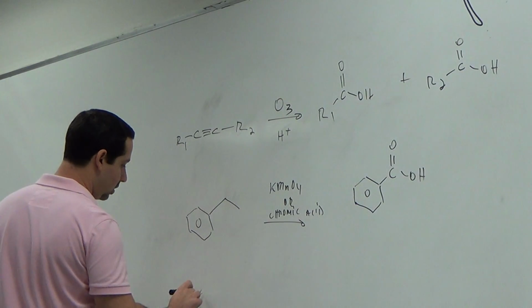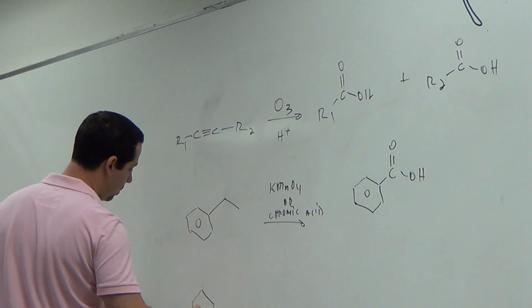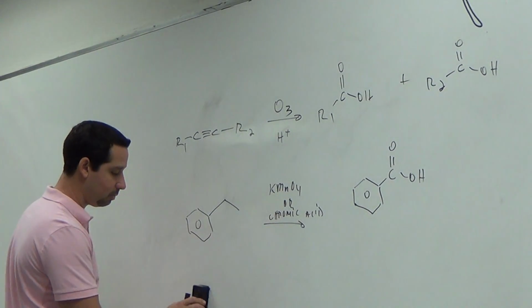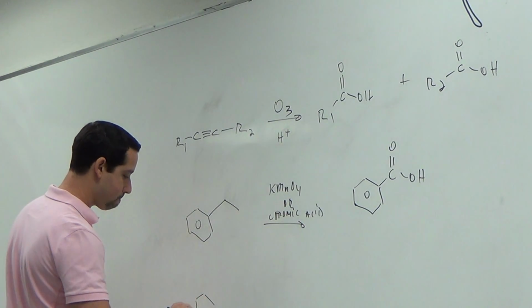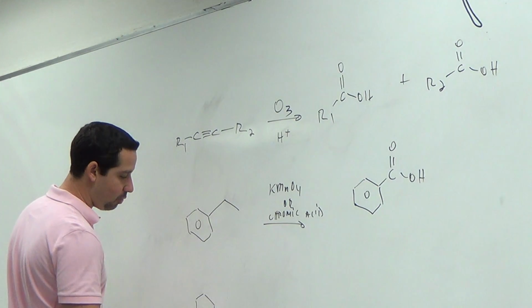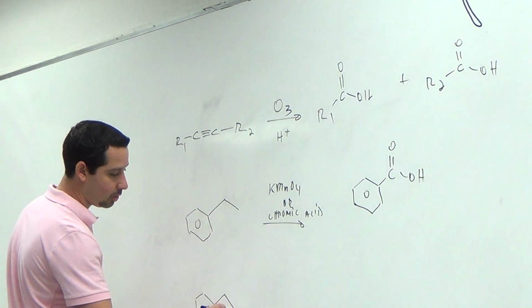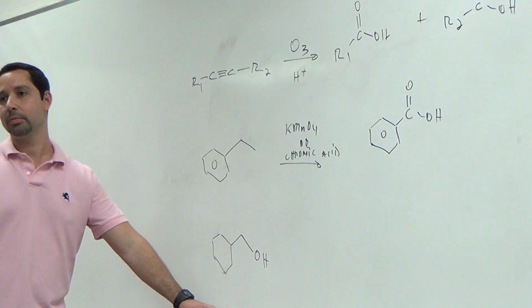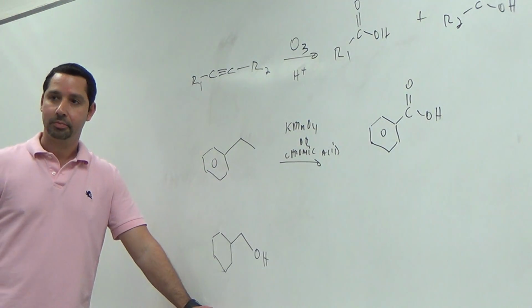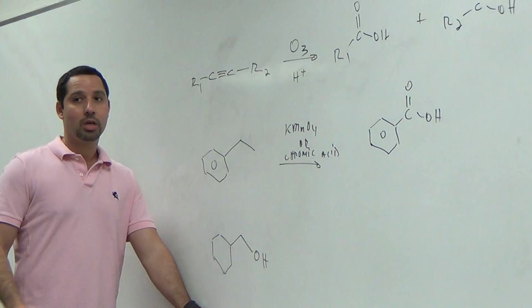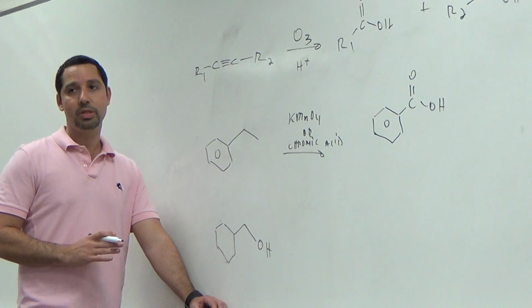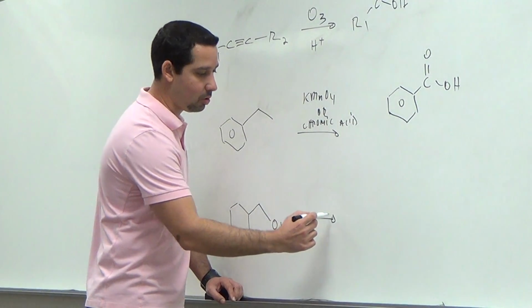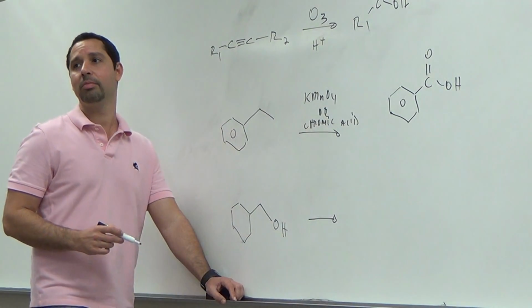What else would give you carboxylic acid? Let's say we have this. PCC gives the aldehyde, not the acid. What can I use? Jones reagent.